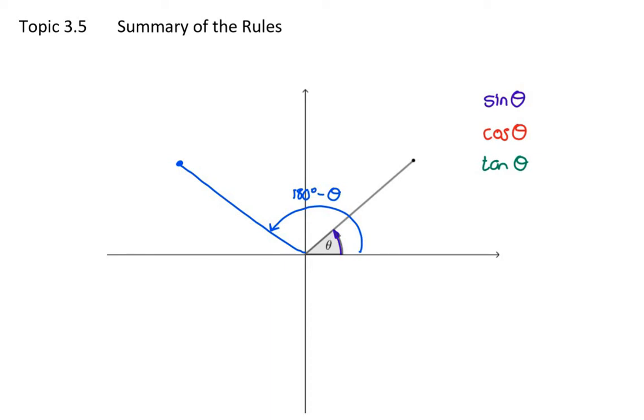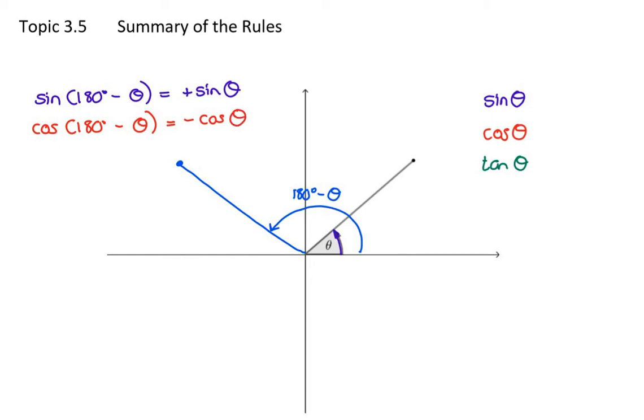So now we can work out what is sine, cos, and tan of this angle. So if we look at sine of 180 minus theta, we know that in the second quadrant, sine is positive. So this will reduce to the positive version of sine theta. If we look at cos of 180 degrees minus theta, again this is the second quadrant. Only sine is positive in the second quadrant, and so cos is negative, and it reduces to exactly the same ratio as cos theta.